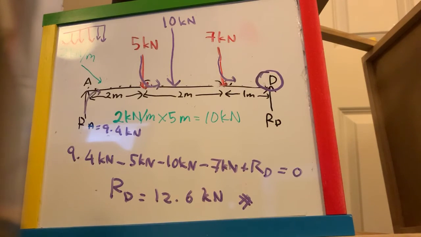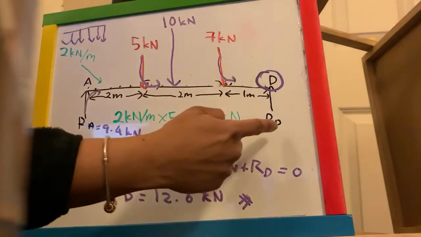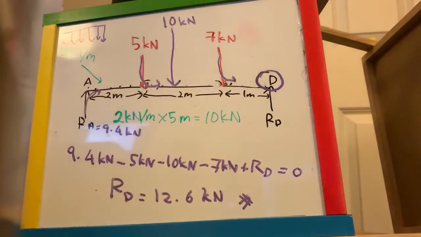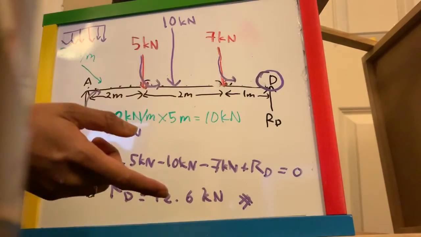You just use moments, find a pivoting point, redirect all the forces, multiply it with perpendicular distances towards that pivoting point. And then once you found the value of one of the supports, you then find the other value of the support of the beam by adding all those forces up together.